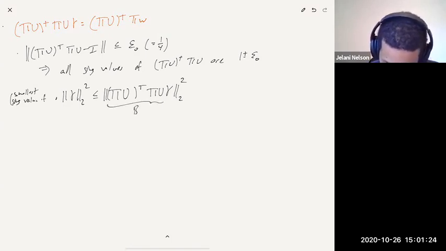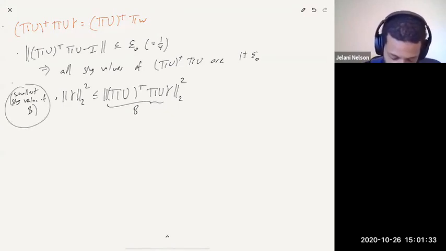Let's call this matrix B. Which is like 1 minus a quarter, which is Omega of 1. So this is at least some constant, like let's say 0.5, times gamma squared.